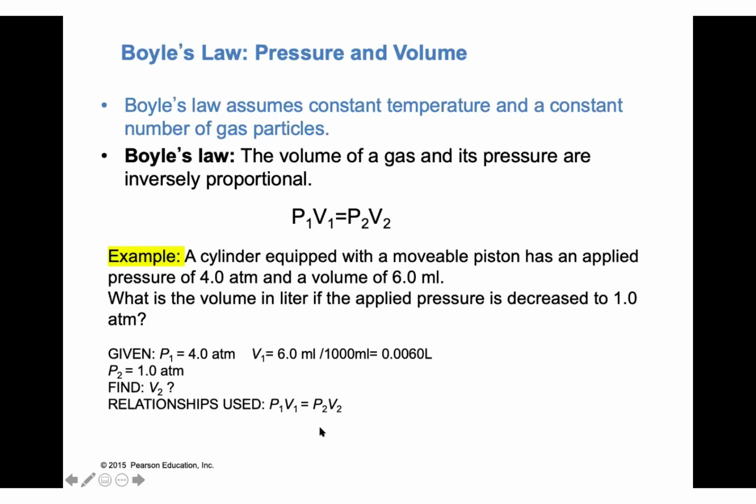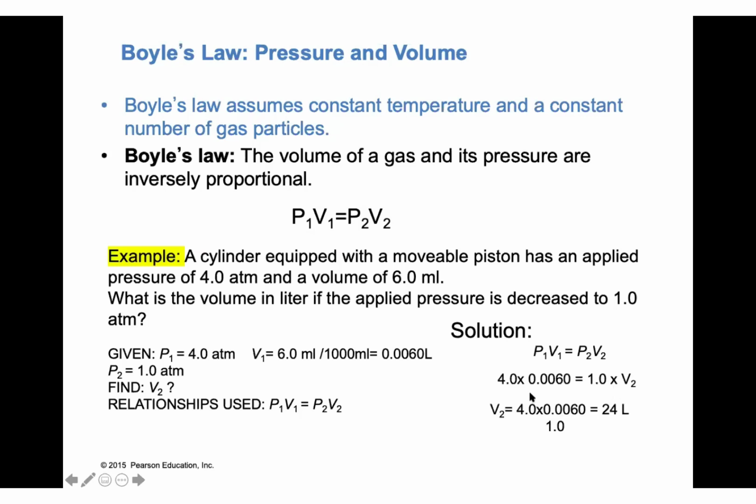So we use P1 V1 equals P2 V2, and we put P1 as 4 atmosphere, and we convert our V1 to liter. I will tell you why. Then I have 1 atmosphere, and basically we get the volume in liter.